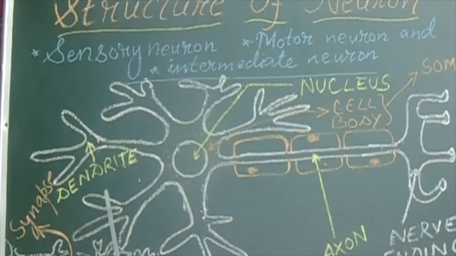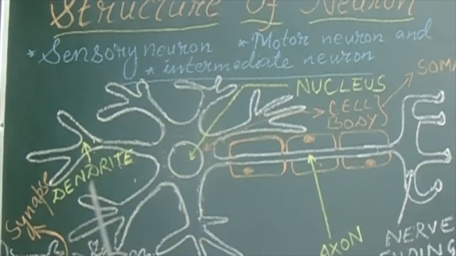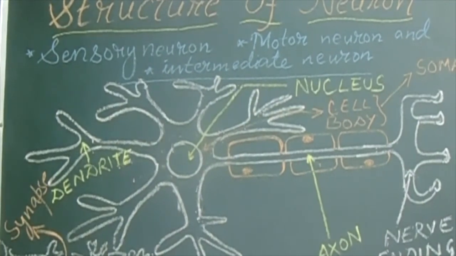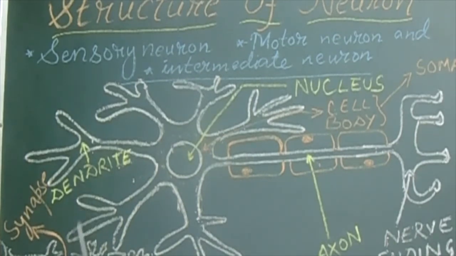Now the function of dendrite is what? Dendrite will collect the chemical impulses. The chemical impulses are present where? In the synapse. These chemical impulses will be converted to electrical impulses with the help of dendrite. So what did I tell is the function of dendrite?